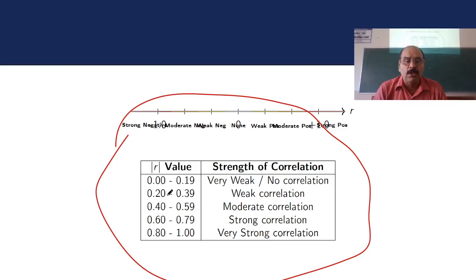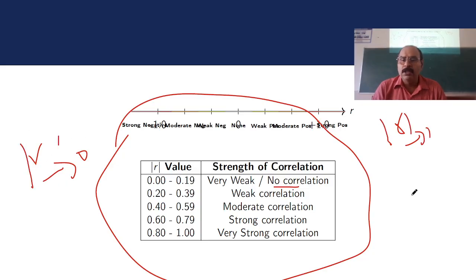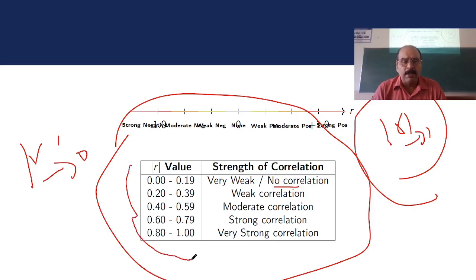So as R tends to 0, what it means is that there is less correlation, and as R tends to 1, that is modulus of R tends to 1, this shows that there is a very strong correlation. So as an example, I've taken some numbers and basically I've just tabulated it for your easy understanding.